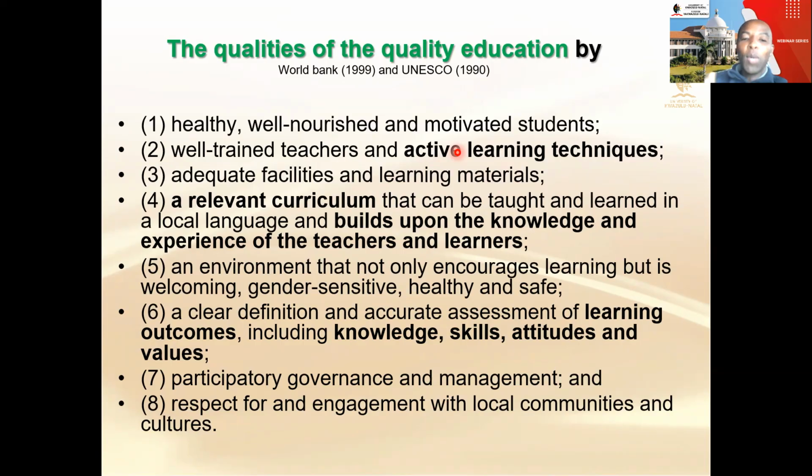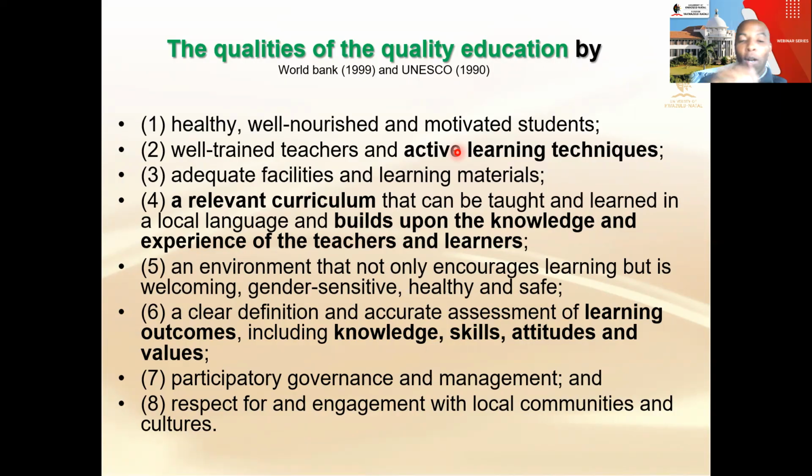Number one, we needed well-motivated students. And number two, well-trained teachers. We should have well-trained teachers. We also needed to have materials or resources, so we wanted to have our schools as well-resourced schools.